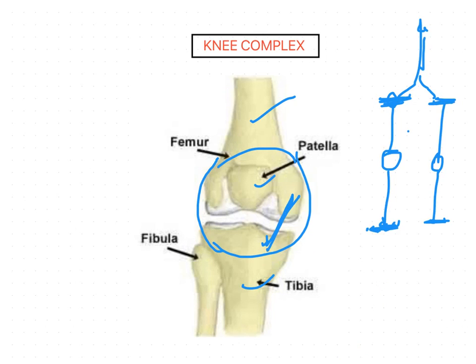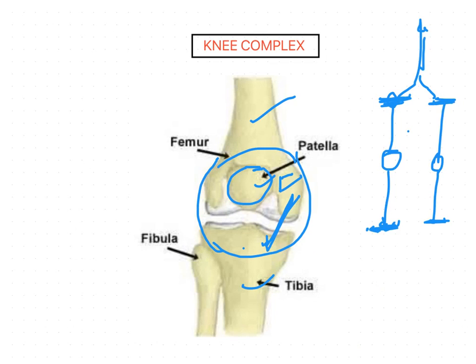These two bones articulate, and that is called the tibiofemoral joint. And here the patella articulates only with the femur to form the patellofemoral joint. These are the two joints articulating inside the capsule that form the knee complex.